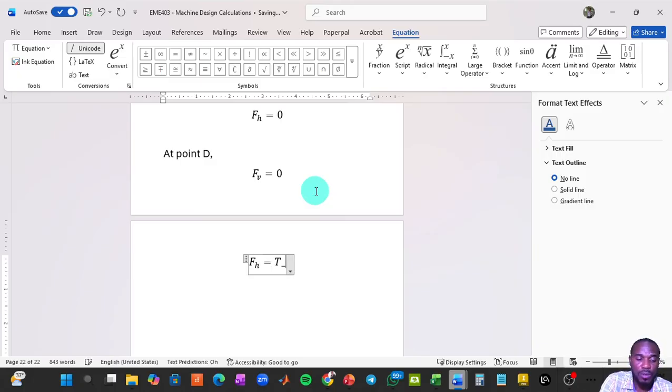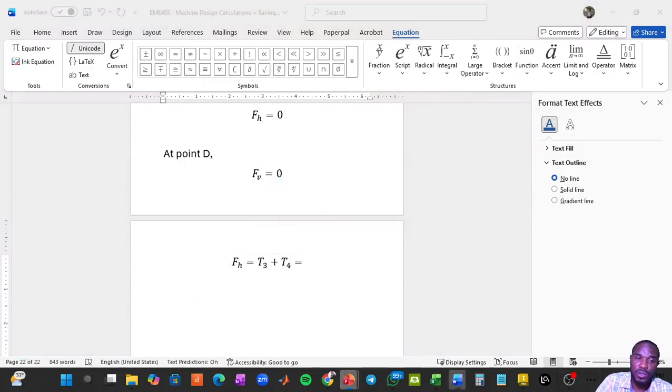Whilst the vertical forces are 0, we can determine the horizontal forces like so. This will be the sum of the tension in the tight side of that pulley and the tension in the slack side, that's T3 plus T4. And what are the values of T3 and T4?